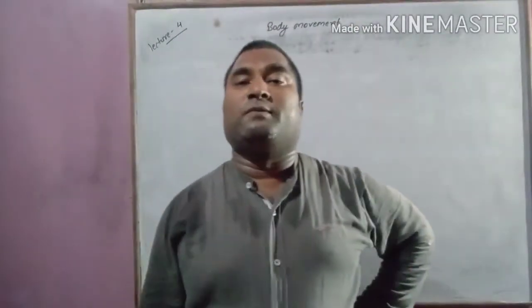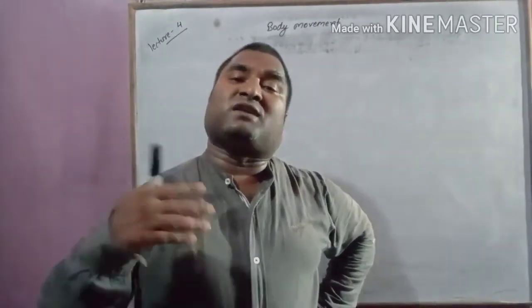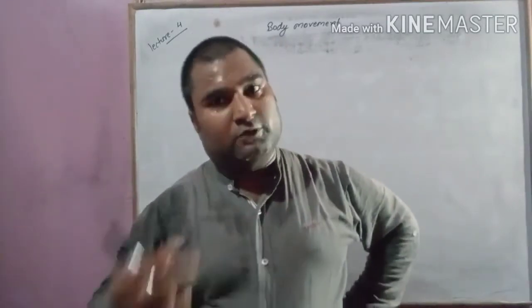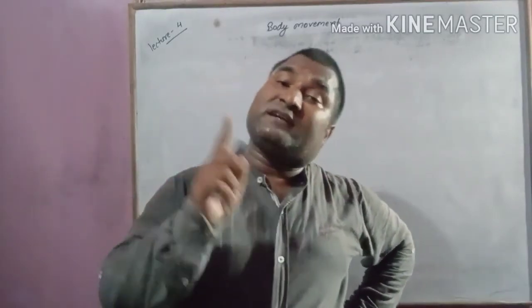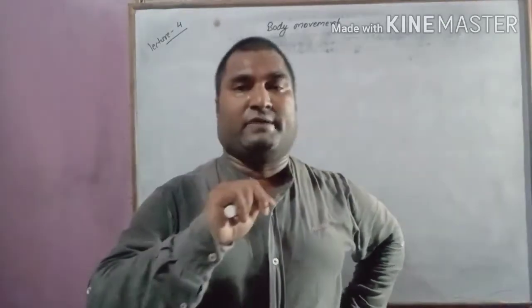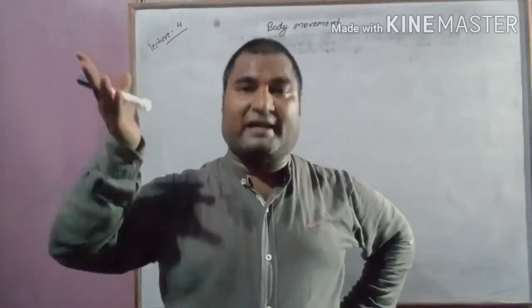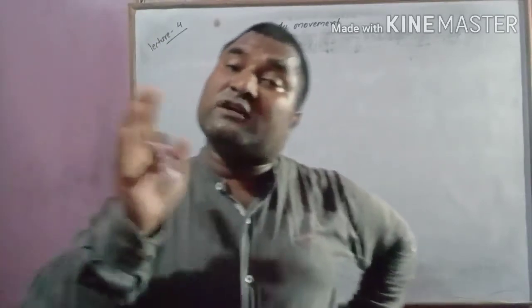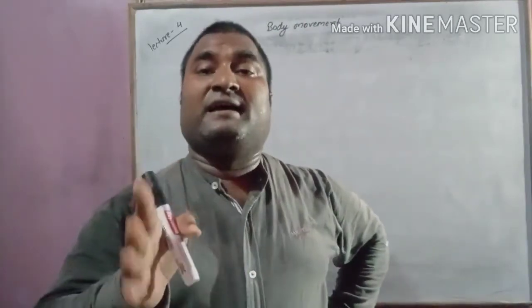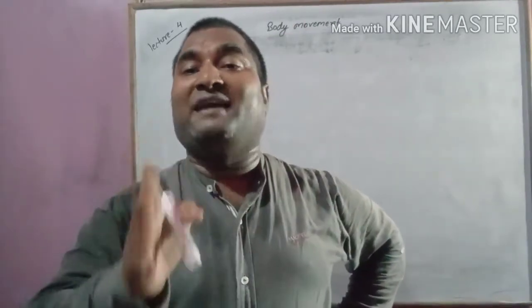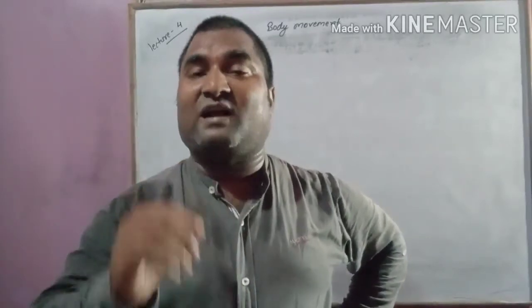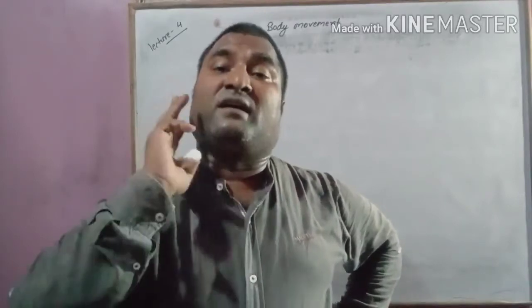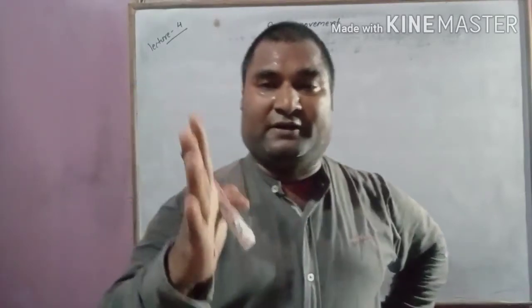Next is movable joints. The joints that allow a certain amount of movement are called movable joints. One more thing, depending upon the type of joint and extent of movement, how much or how little movement there is, movable joints are of four types: ball and socket joint, hinge joint, gliding joint, pivot joint.